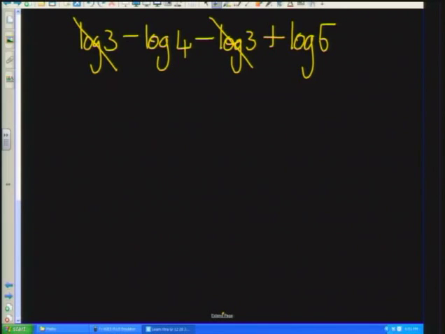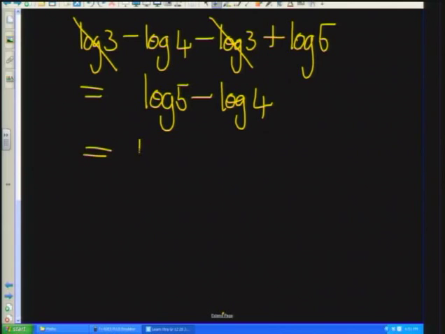So that's already quite useful. And then I would write them this way around: log 5 minus log 4. And then I would use the division rule and write that as log 5 over 4. You're not going to get the log to cancel out, but at least you've simplified it down to a single log.